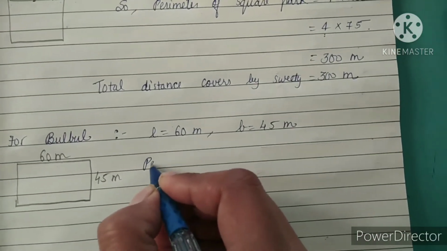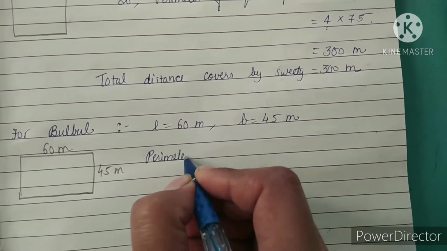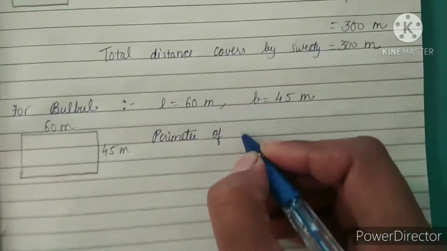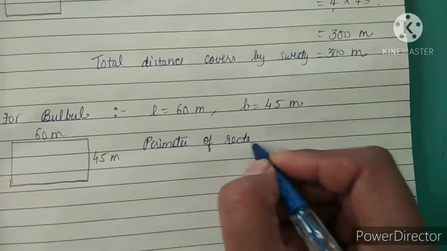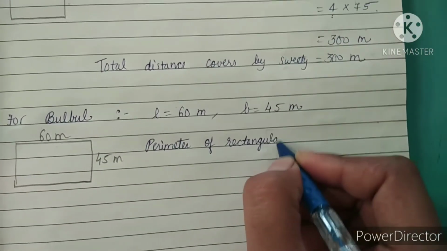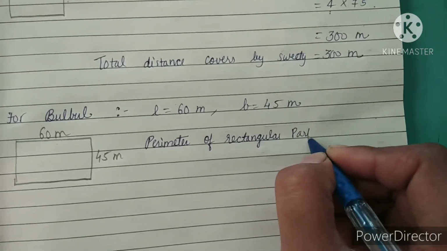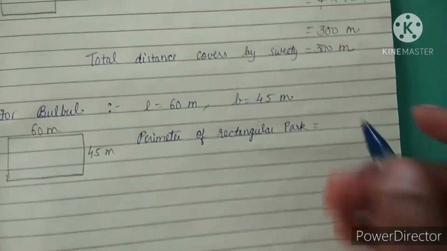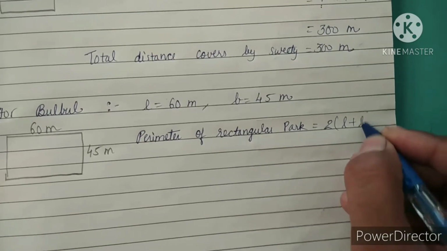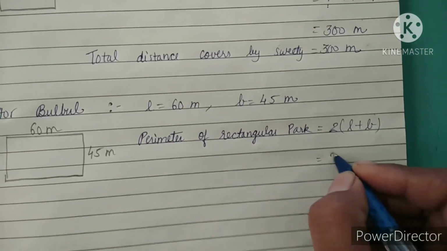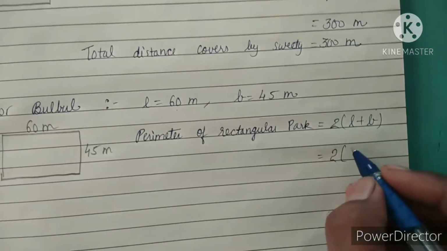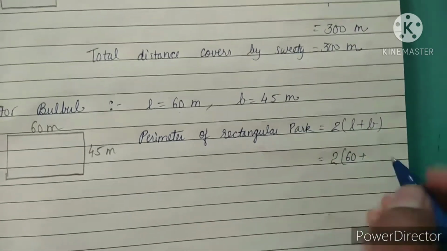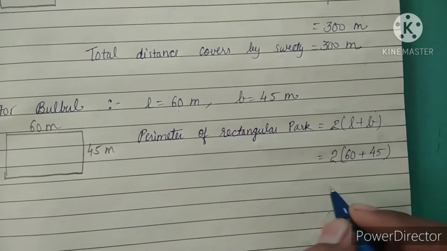So here we have a rectangular park, so the perimeter of the rectangular park is 2 into length plus breadth. So 2 into length 60 plus breadth 45.